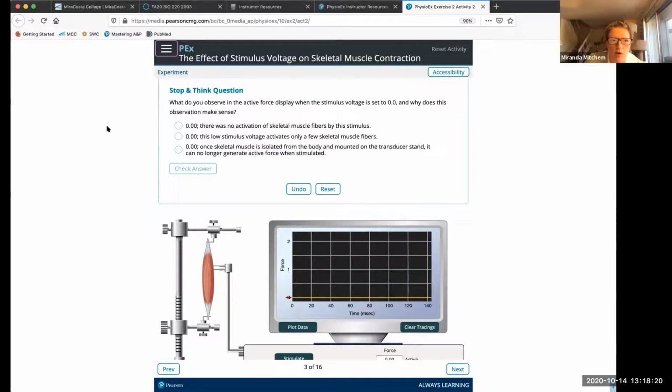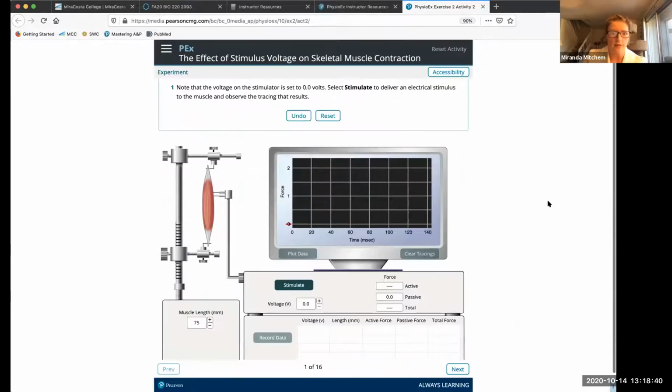So what are our options? There was no activation of skeletal muscle fibers by the stimulus. The low stimulus voltage activates only a few. No. Once skeletal muscle is isolated from the body and mounted, it can no longer generate force. It can under artificial conditions, because that's the whole point of this.